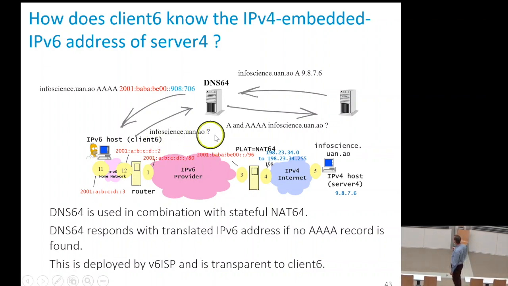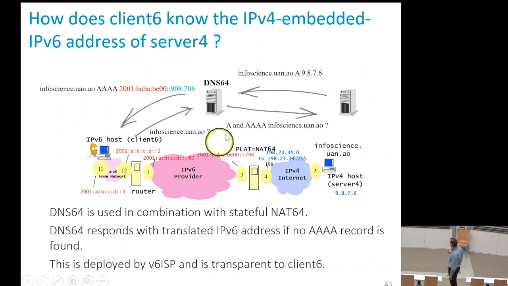This answer does not exist because this university, like all InfoScience, EPFL is the same, has only IPv4 addresses here. But the DNS64 server of this provider is smart enough. It knows you are an IPv6 only client. I have to answer to you with mapped addresses.